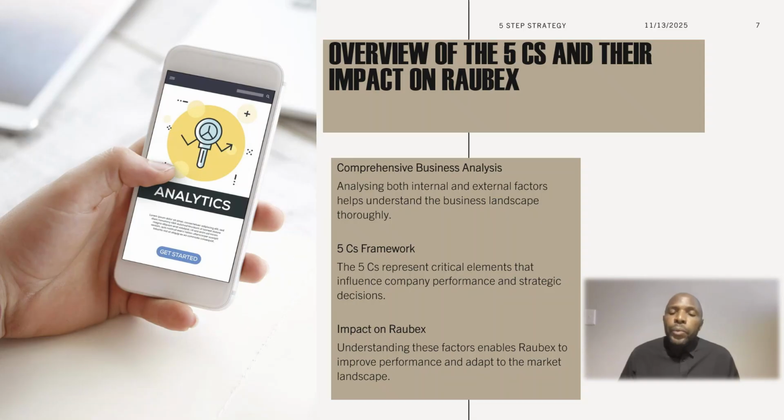Number 3, we're looking at competitors, which are rivals. Number 4, we look at the climate, being the environment they are operating in: what factors are affecting Raubex externally. And number 5 is the collaborators. We call them collaborators, but these are partners in the value chain, whether suppliers or business partners, strategic partners. So we look at all those 5 things and how they impact Raubex.